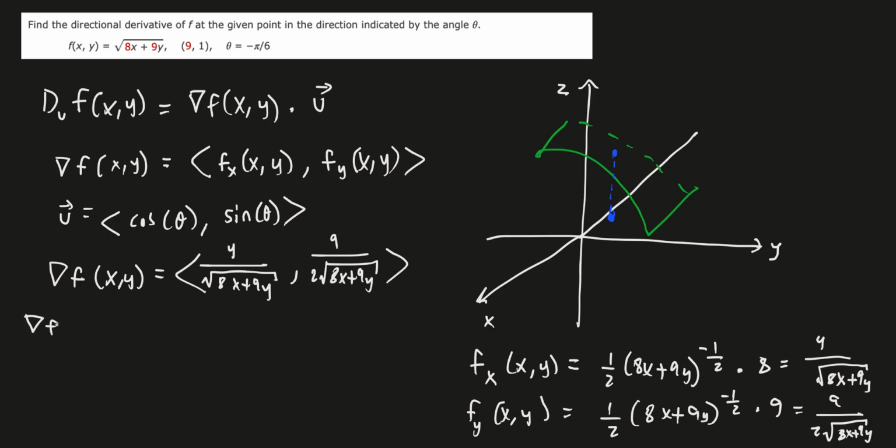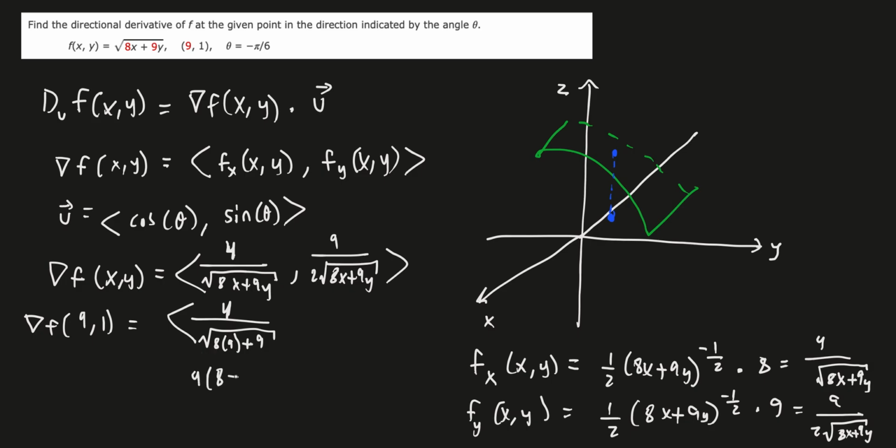Let's find the gradient at our point 9, 1. That's just going to be 4 over the square root of 8 times 9 plus 9. That's going to be factoring out a 9.